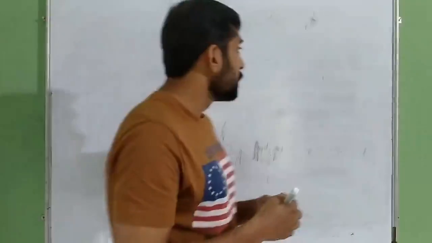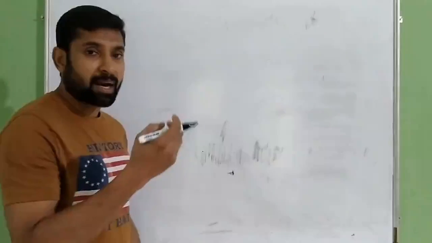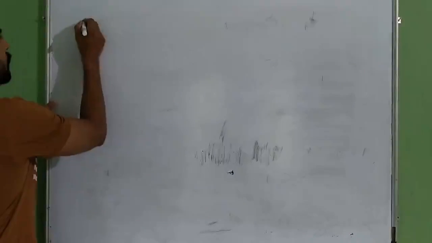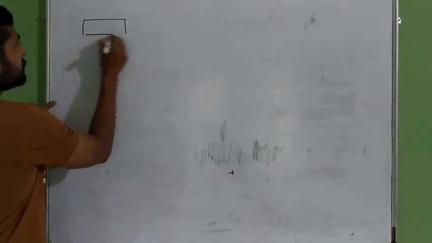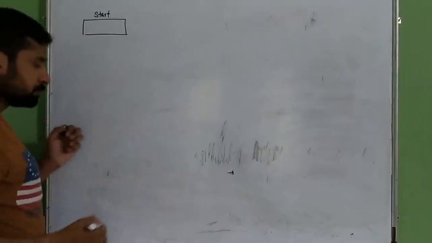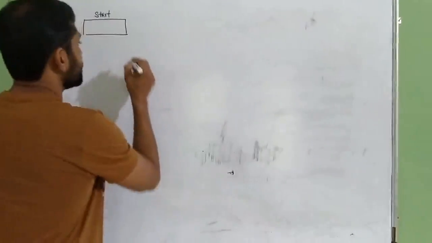So we know a linked list is a list of connected nodes. The first node is identified by a pointer called start.